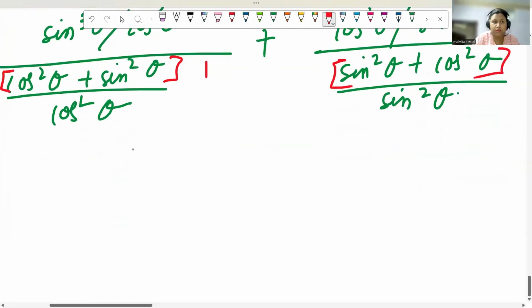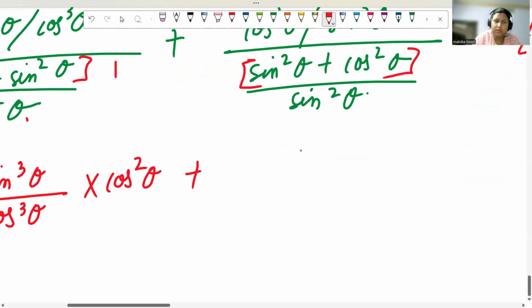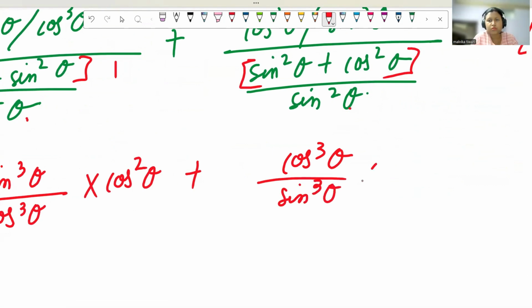So what are we left with? We are left with sin cube theta by cos cube theta. Now I am going to bring the cos square theta to the top, times cos square theta, plus cos cube theta by sin cube theta. Again I'm going to bring the sin square theta to the top.